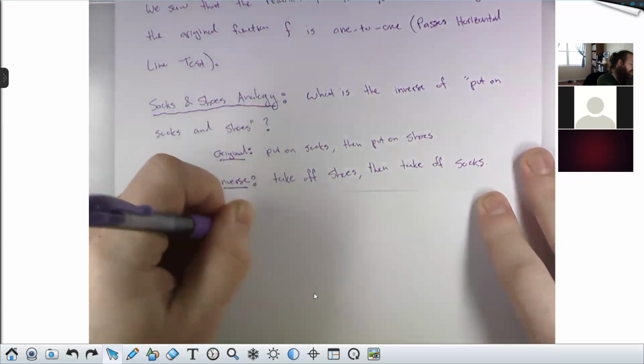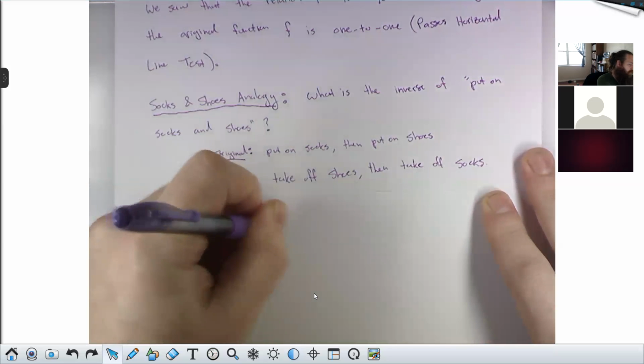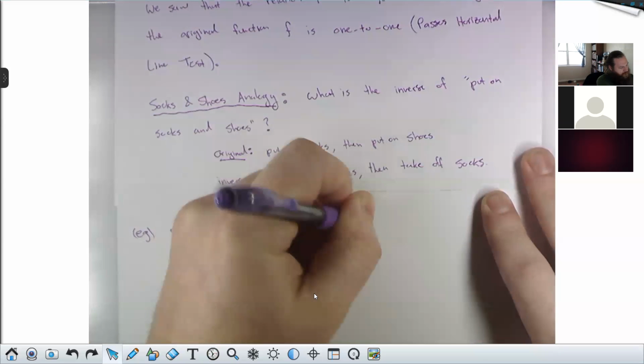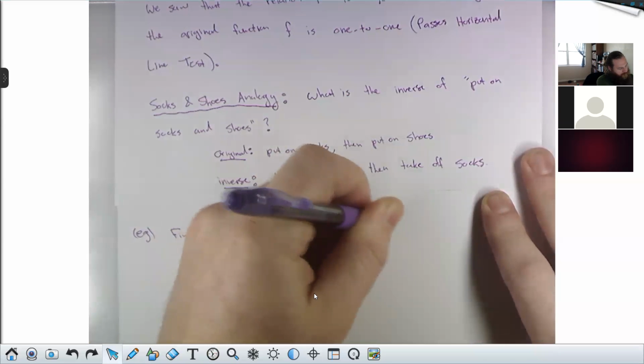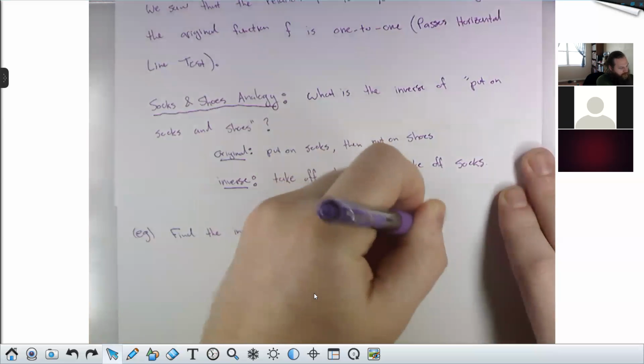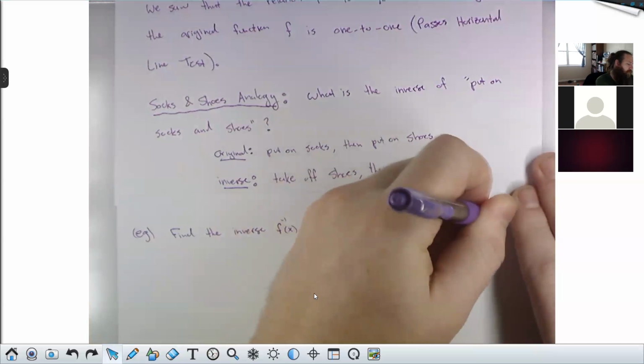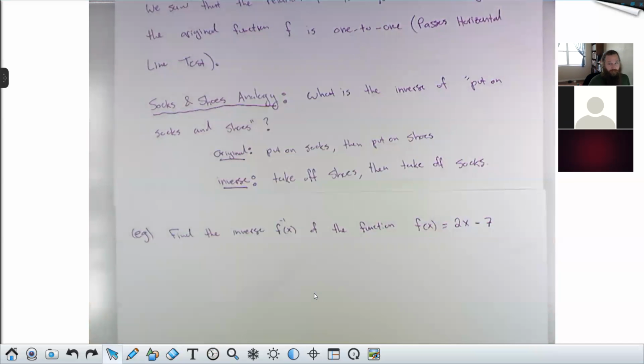Let's find the inverse of the function f of x equals 2x minus 7. To do this, we're going to give a verbal description of this function. It's going to have a few different things that it does to its input in a specific order. And then we're going to talk about how to undo that following this socks and shoes principle.